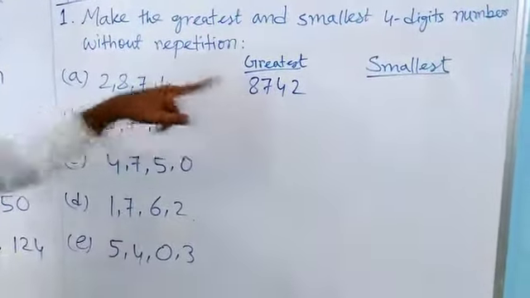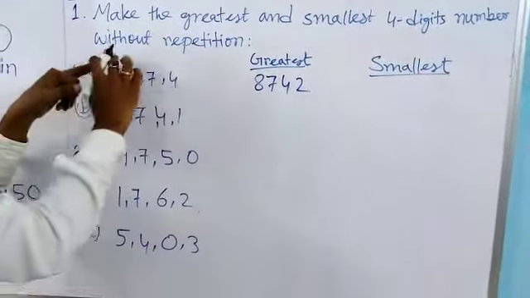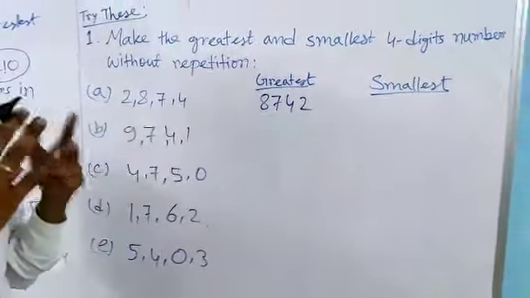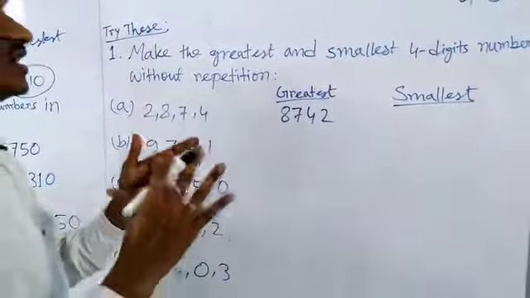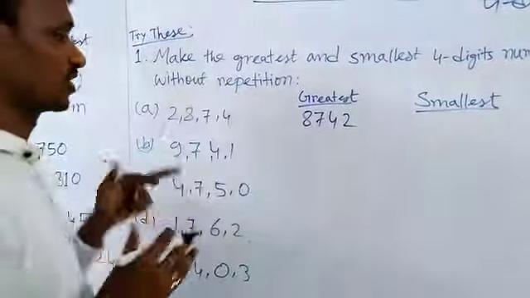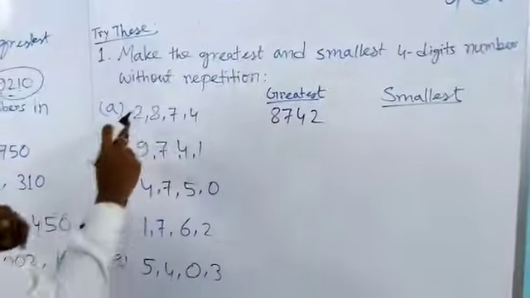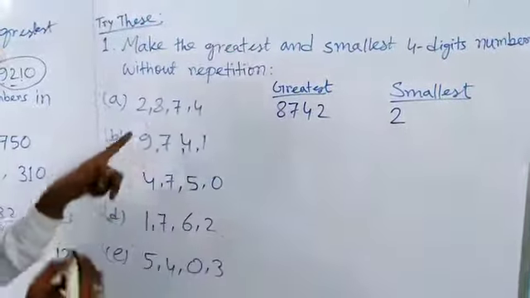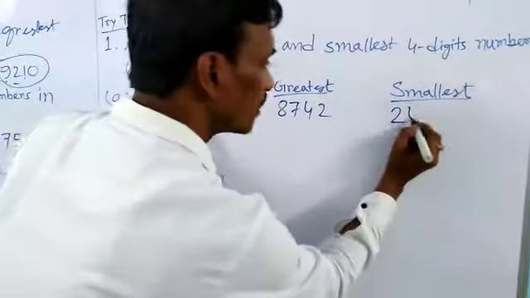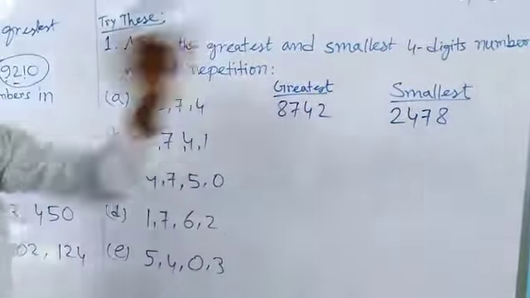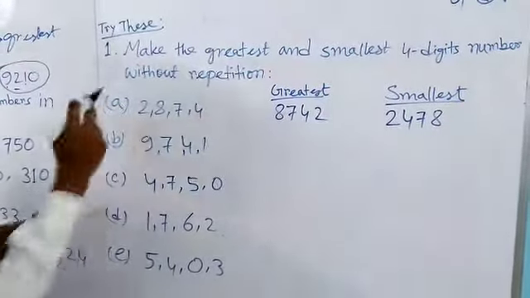This is the greatest number. For the smallest number, arrange the digits in ascending order. First comes 2, the smallest, then 4, then 7, then 8.